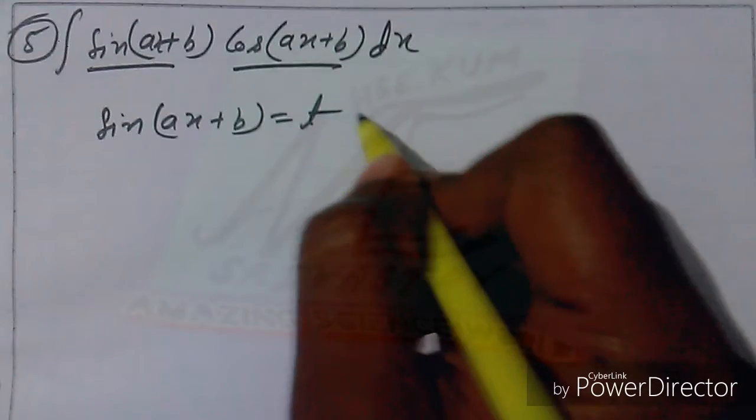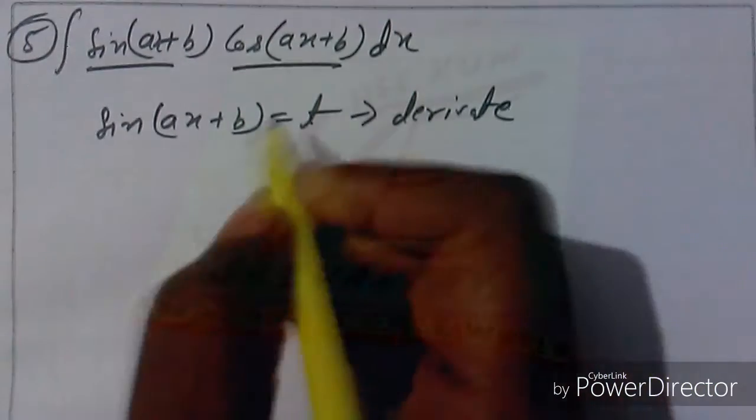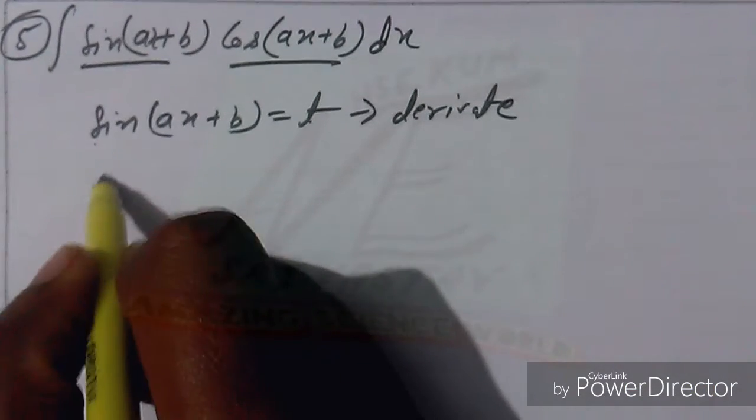Then we take sin(ax plus b) is equal to t and differentiate it. Now what comes? The derivative of sine is cos(ax plus b), and the derivative of ax plus b is a, so a cos(ax plus b) dx is equal to dt.